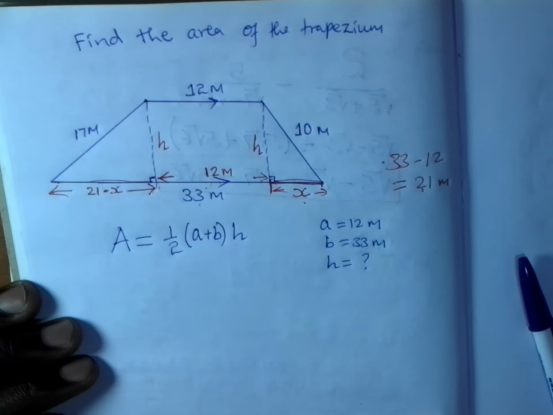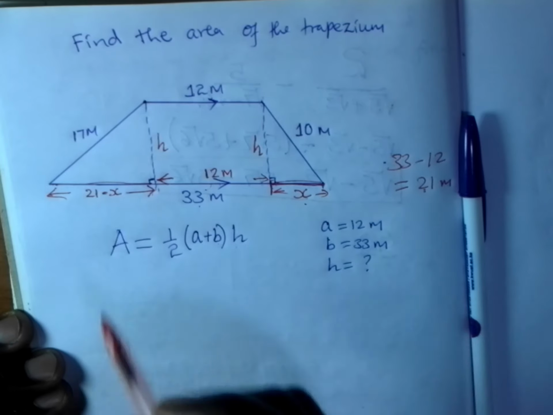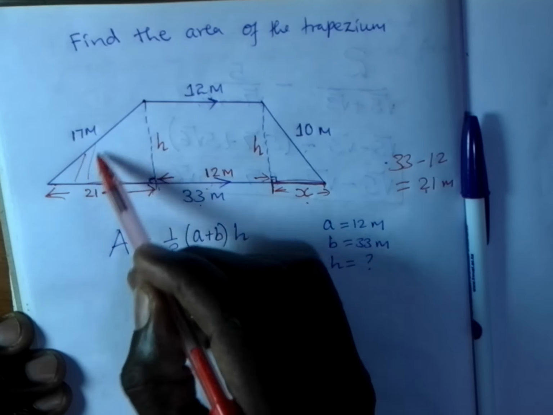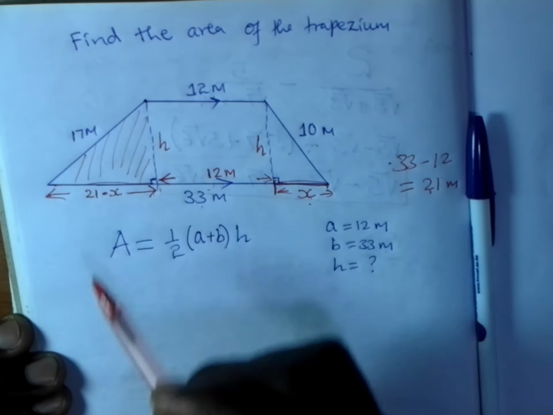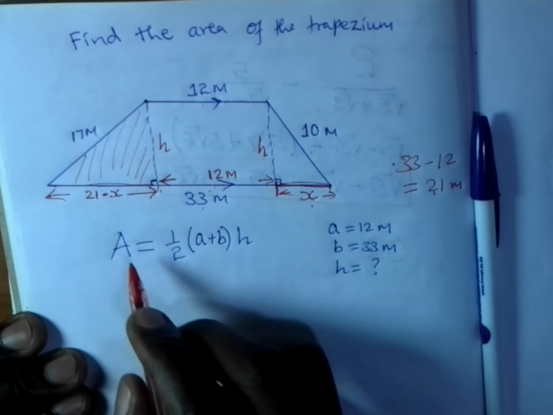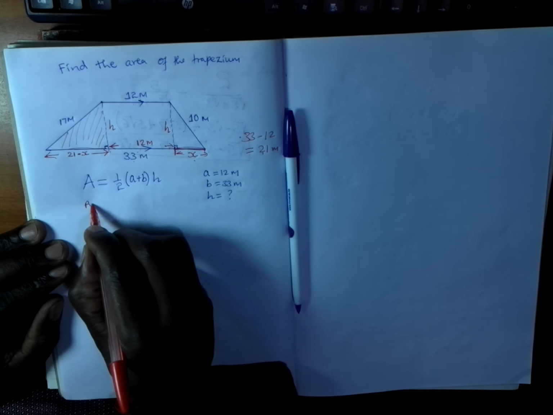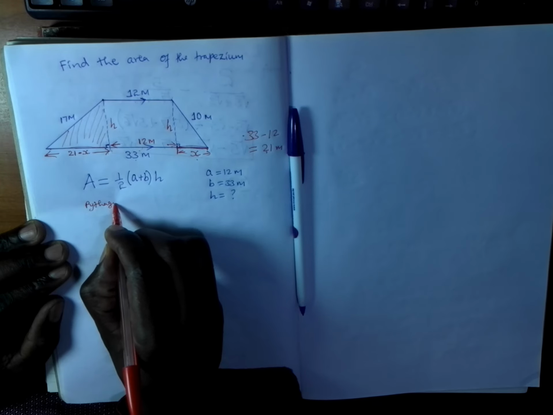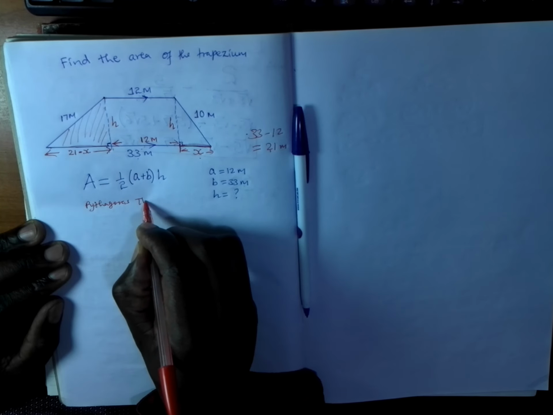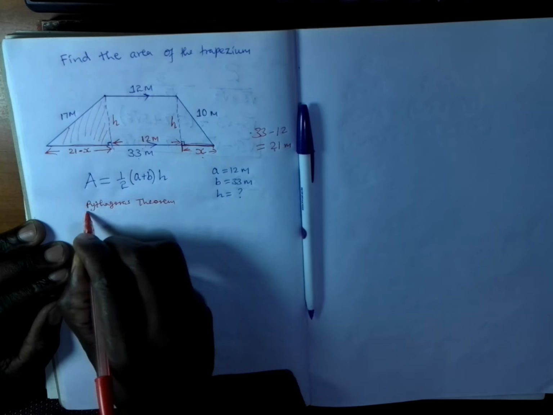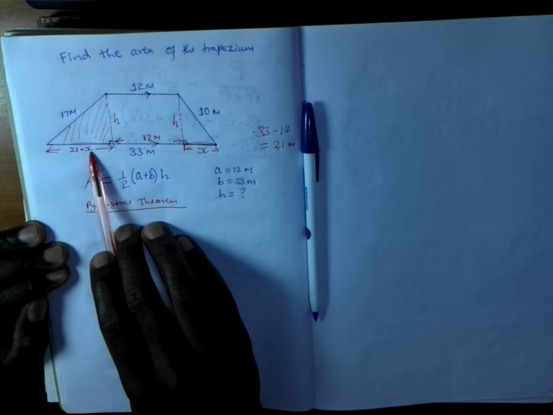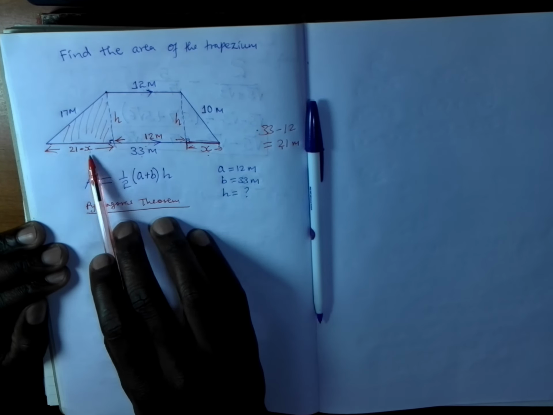And therefore, now we have this triangle here. We can use Pythagoras theorem in order to get the value of h and also the value of x.